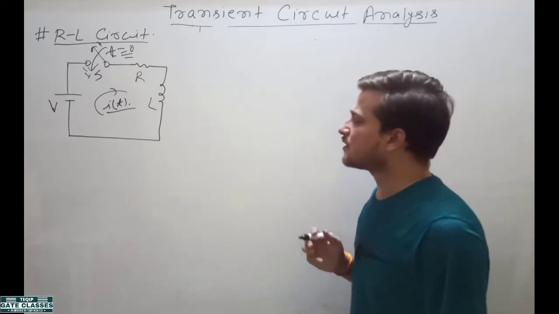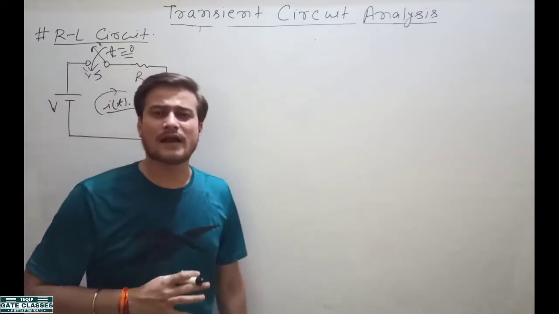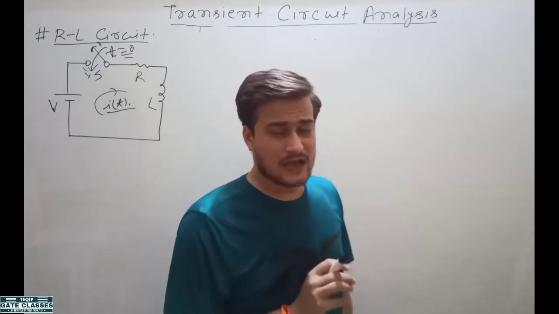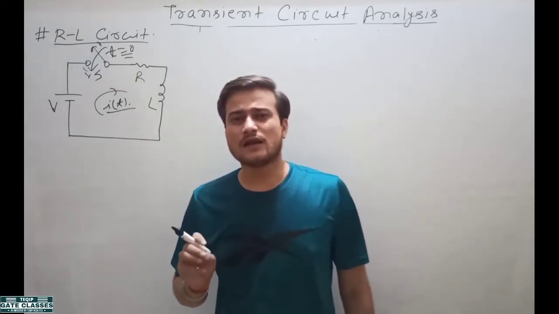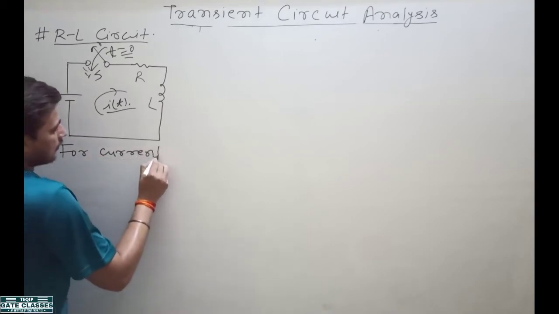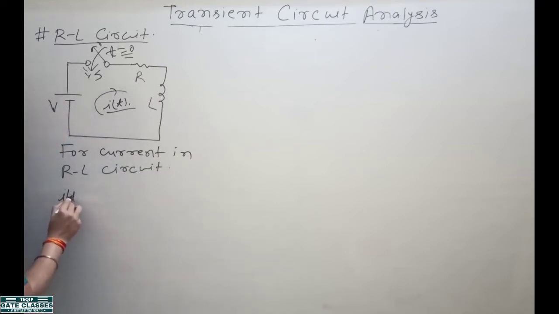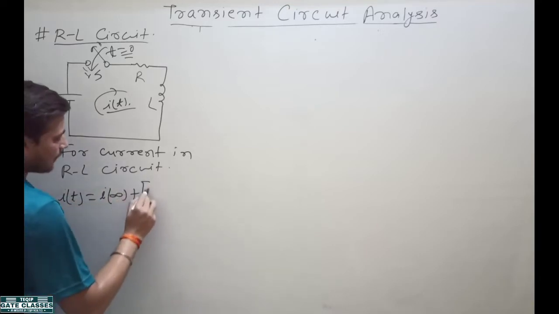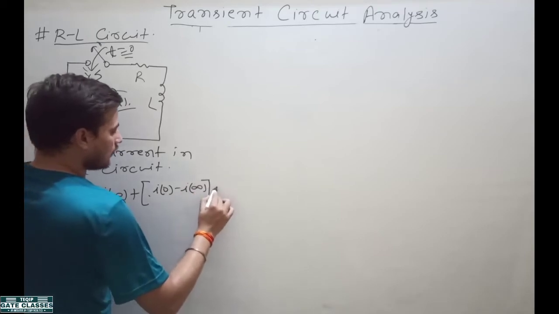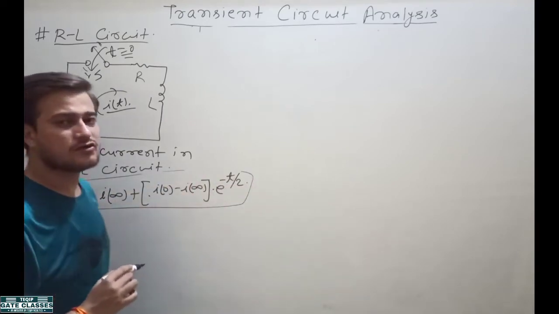Without going through the derivation, I am directly giving you one universal formula for current in an RL circuit, which will always be applicable: i(t) = I infinity + (I0 minus I infinity) times e to the power minus t by tau.